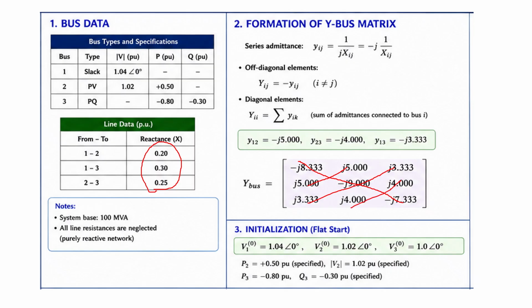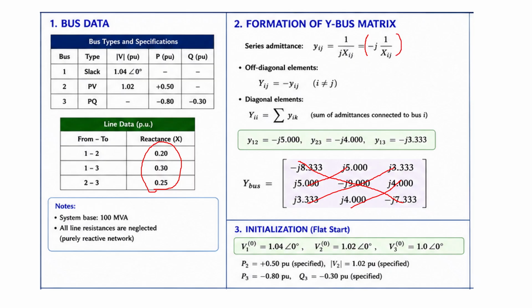Once we calculate one symmetrical component, we can use it for the other. For example, y12 means the impedance that connects bus 1 to bus 2. If we take the inverse of it, it becomes 5. In addition, there is a minus sign here.